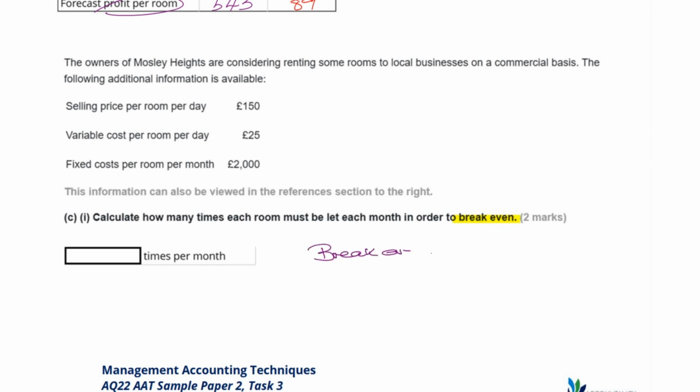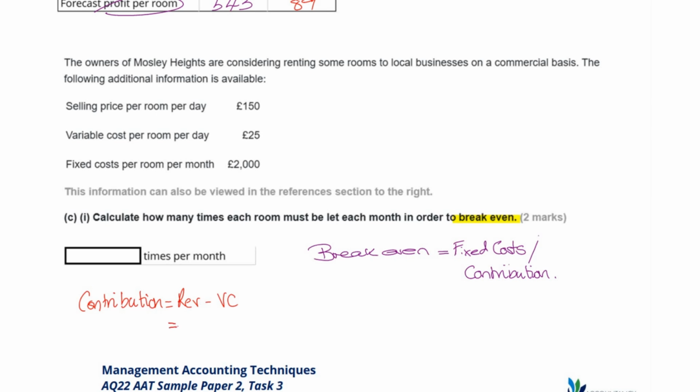So the break-even point is the fixed costs divided by contribution. Our contribution is our revenue less our variable costs.